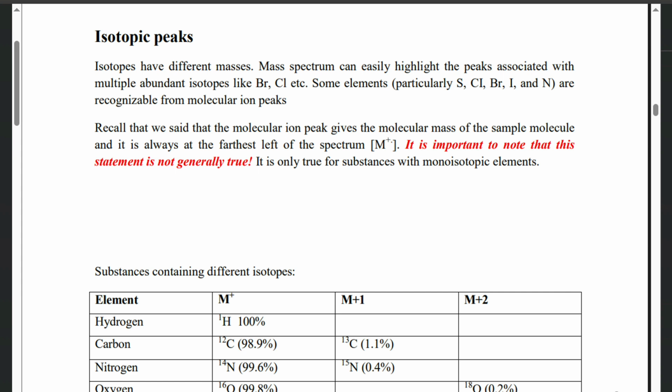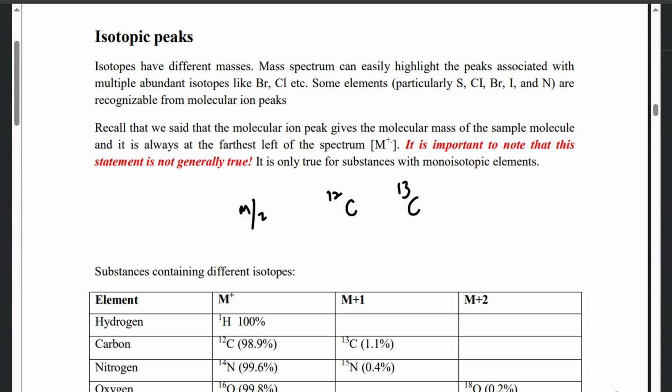Isotopes have different masses. Mass spectrum can easily highlight the peaks associated with multiple abundant isotopes. Because different isotopes, let's say carbon 12, carbon 13, have different masses, mass spec can identify the two of them.